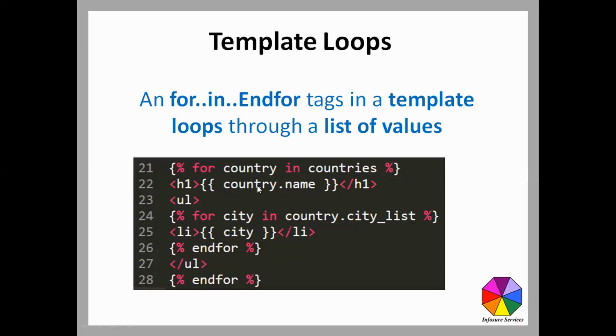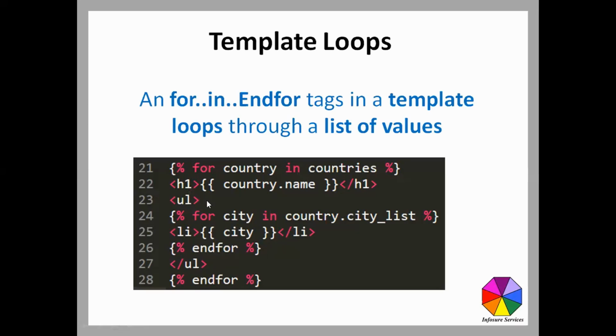Each country name, so India, United States, like that, will appear in the H1 tag. So you're embedding the template value at that particular H1 location. And inside the UL, unordered list, there is another loop: for city in country.city list. And the list item is double curly brackets with the value of the city.